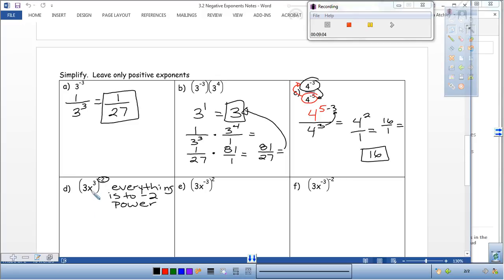So the 3 is to the negative 2, the x is to the negative 2 power. Okay, so everything flips. Okay? So it's not just the 3 that flips, not just the x, it's the whole thing. So now I'm going to get 1 over 3x cubed, the whole thing squared.